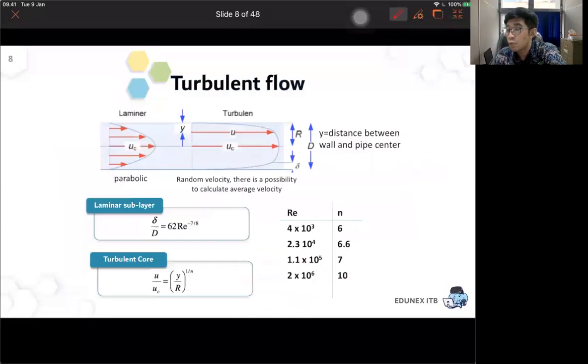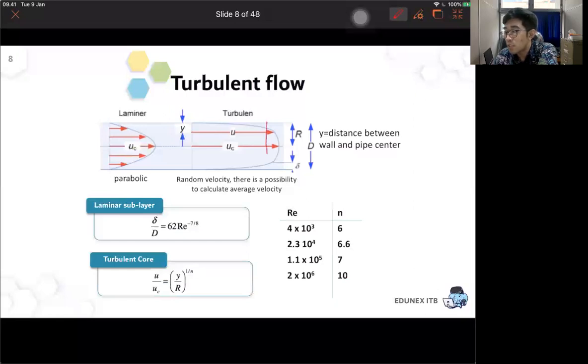So for example, ini nggak usah dihafal ya. This is some example of the empirical equation that can be used to calculate the velocity of the turbulent. This is empirical. It is based from the experiment. You just vary the velocity of the fluid, and then you calculate how big the diameters are.